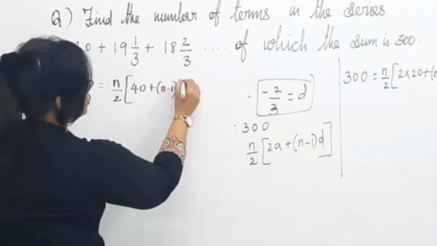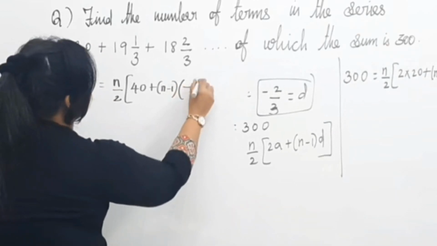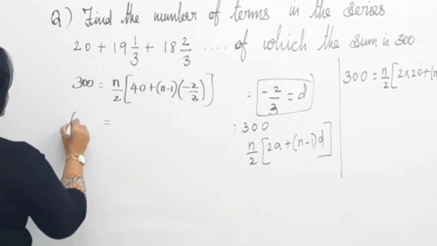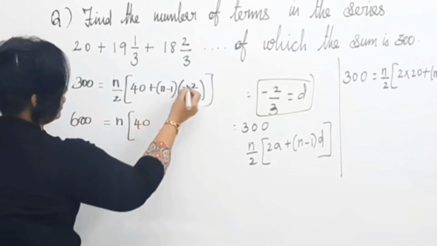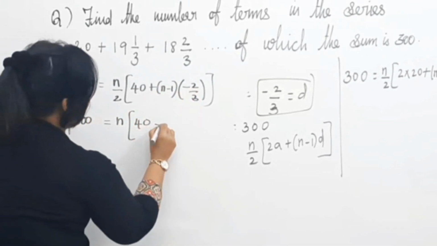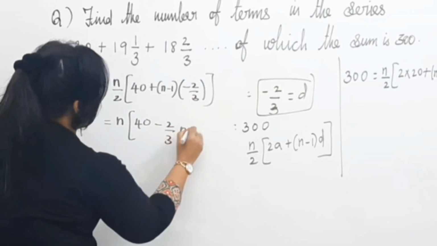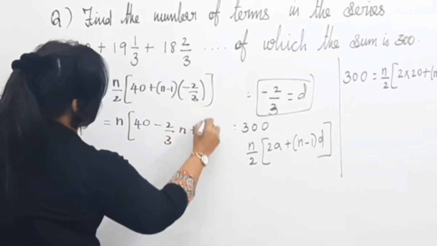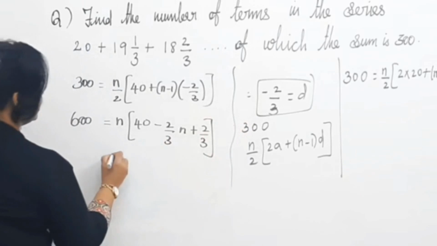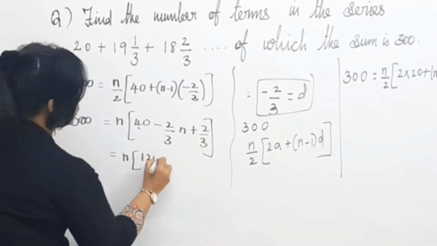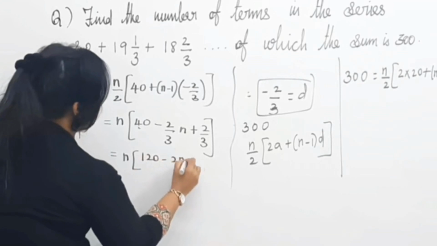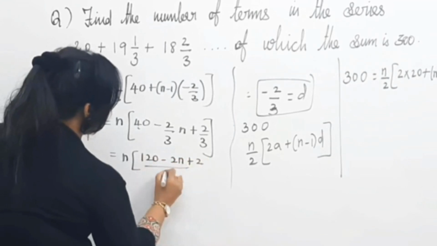So that's equal to, I would have 600 equal to n into 40 and I multiply this minus 2 by 3 n plus 2 by 3. Now I take the LCM, that's n into 3, 4 3s are 12, 120 minus 2n plus 2 divided by 3.